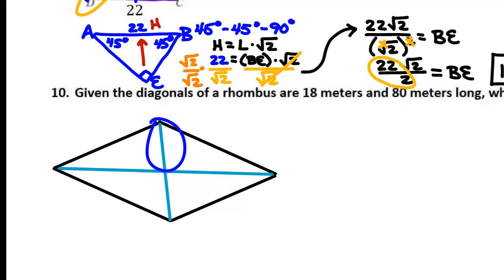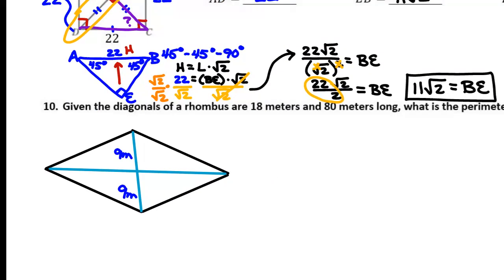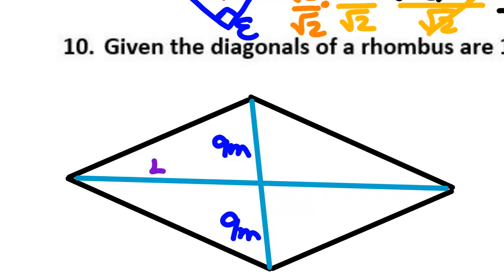So how big is this much of it? If the whole diagonal is 18 meters, 9 meters. So 9 meters and 9 meters. The other diagonal is 80 meters long, so how big is this much of it? 40. So I have 40 meters and 40 meters.